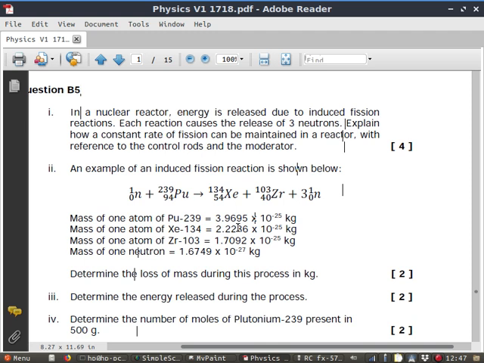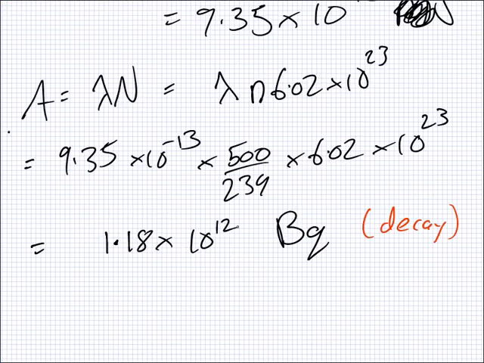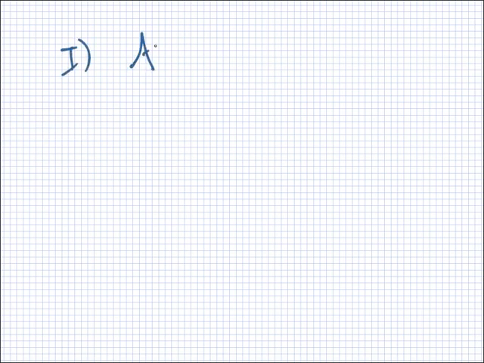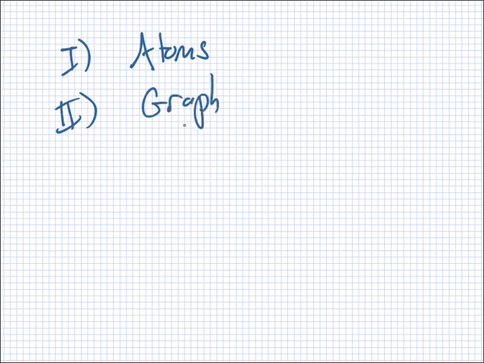So this is my advice: you should always do the question with the atoms, and always do the question with the graph. And if possible, I like the material question.